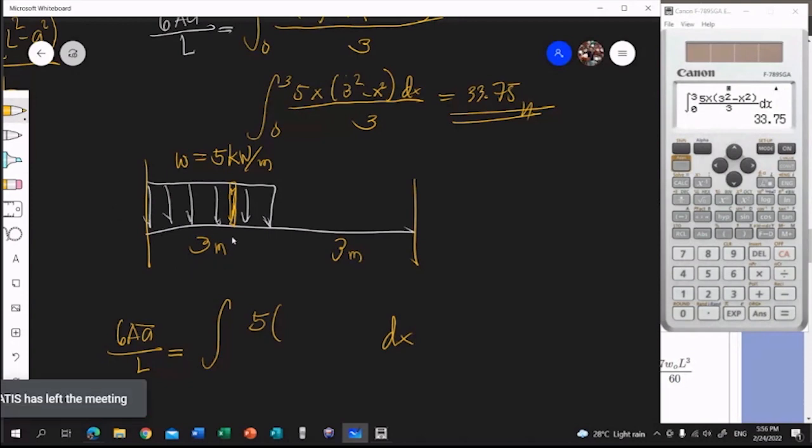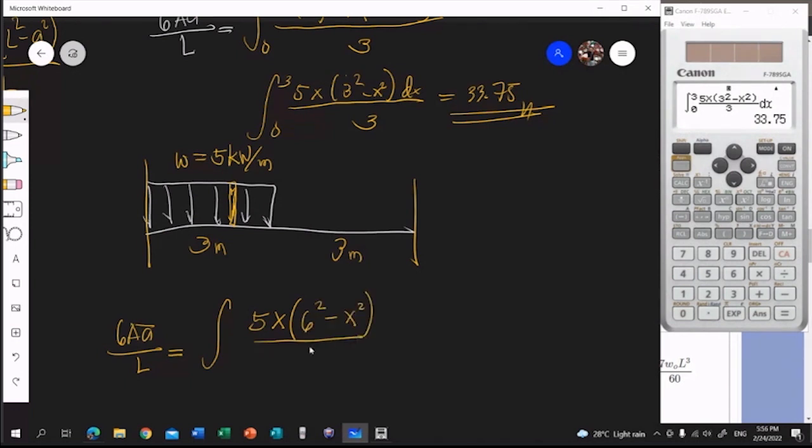What is the distance of the strip? It is always x. So we put x. 5 times x times what is the span of the beam? 6 squared minus x squared all over 6. Here is the dx.